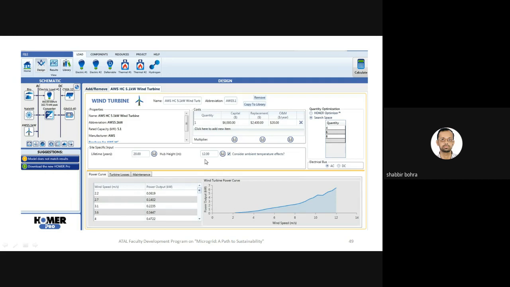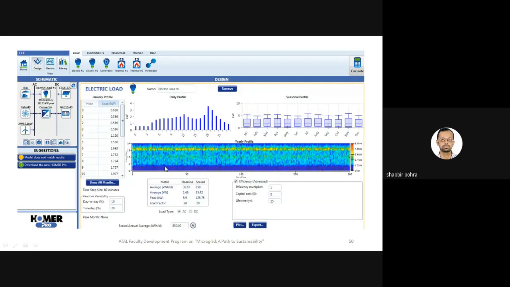Hub height is considered as 12 meters, and the lifetime of this wind turbine is 20 years. Then electrical load, which is very important, because the result would change its path from the intended to the other if it is supplied by a random kind of profile of the load.